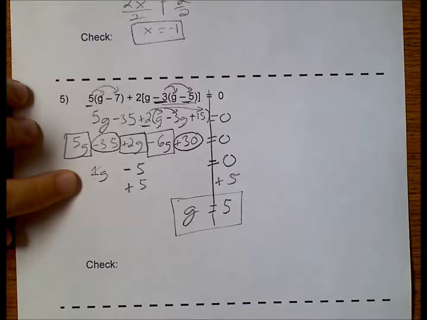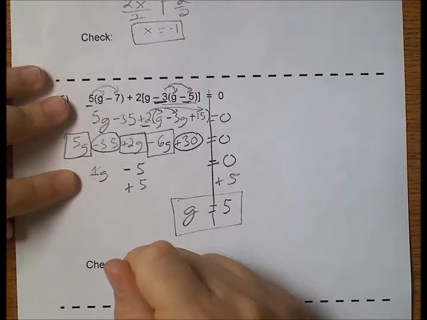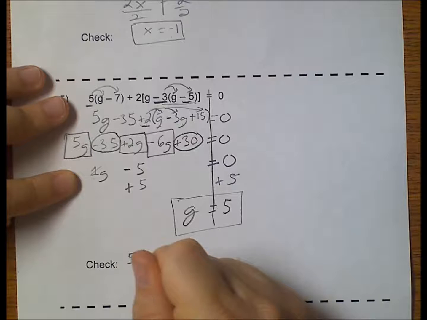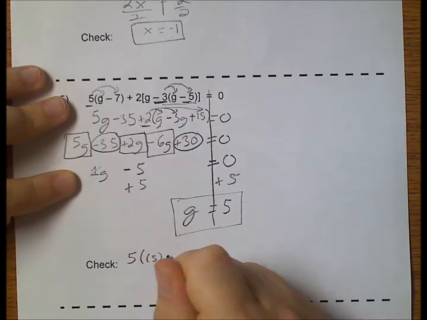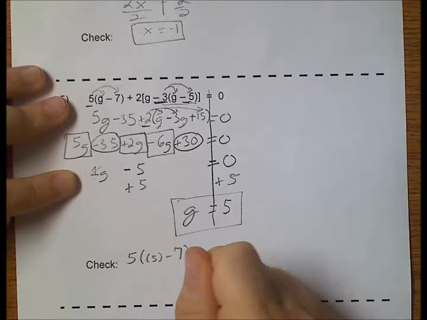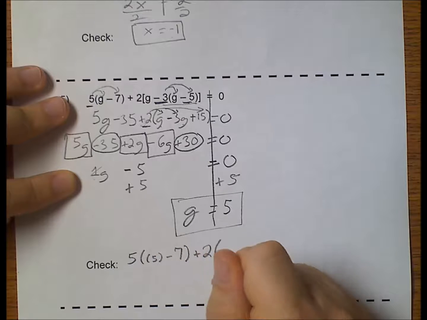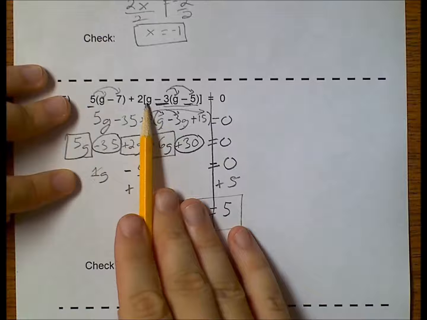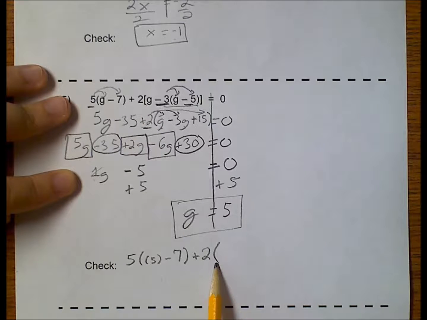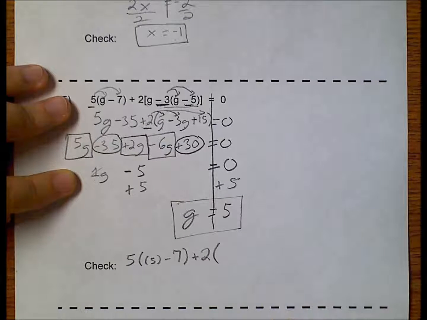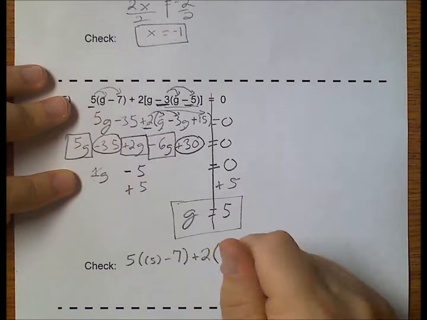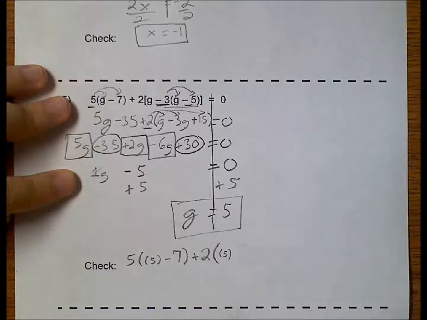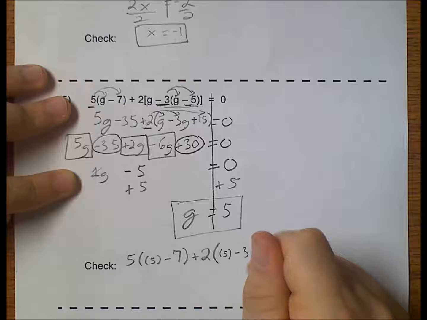And now we're going to check it. So 5, open parentheses, 5 in parentheses, minus 7, close it, plus 2. Even though it has a square bracket, I want you to just put a parenthesis because that's what the calculator will understand it as. And now g is a 5 in parentheses, minus 3 parentheses.